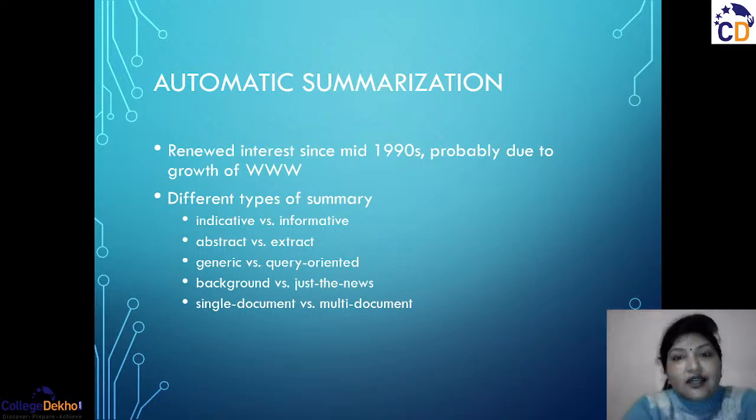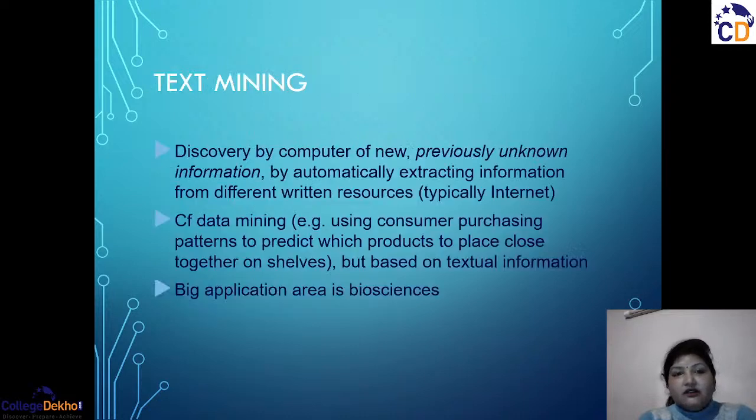So these are the types of summary you can select. Whatever type of summary you want, the system is going to provide that type. So it's really a helpful tool when we are using such kinds of applications.